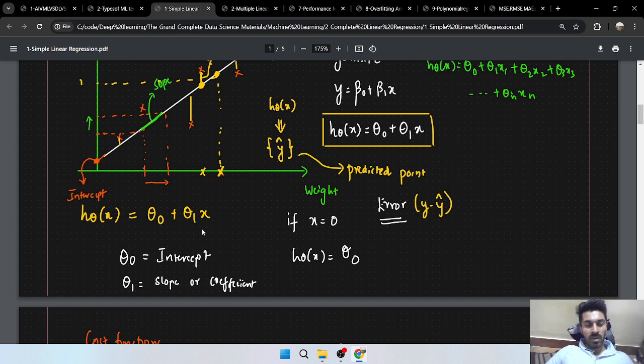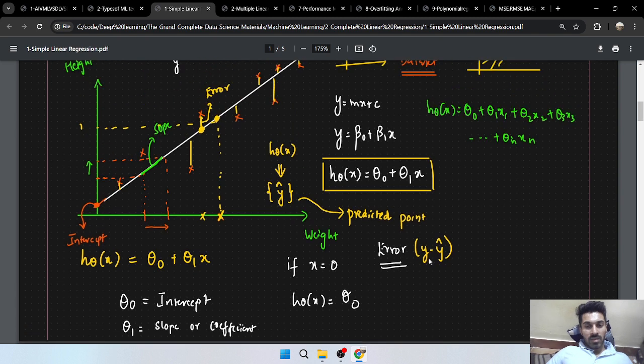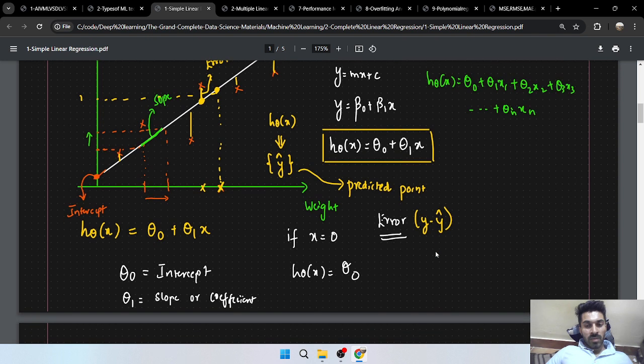According to this we will now learn from this algorithm, and our error is basically y minus y predicted. y is your actual value and y hat is the predicted value. This is your cost value, and by summation of all the cost values we get a loss.